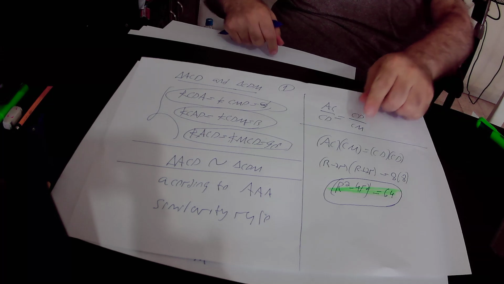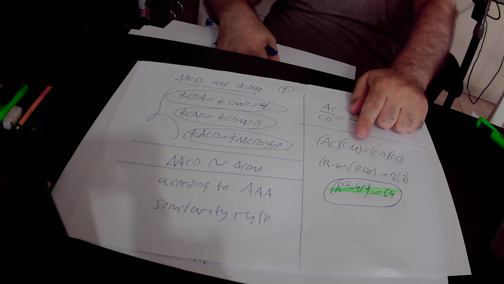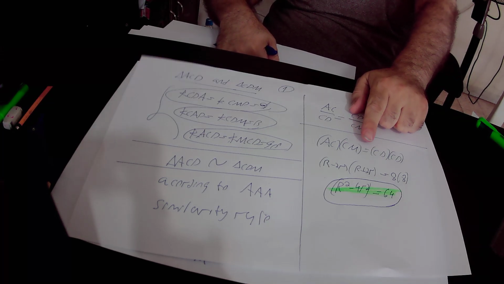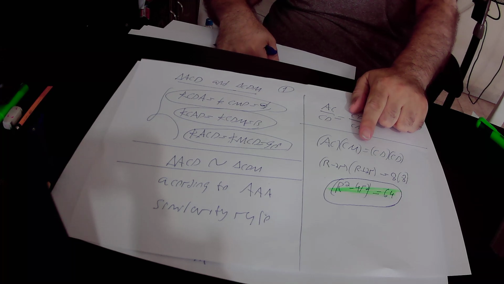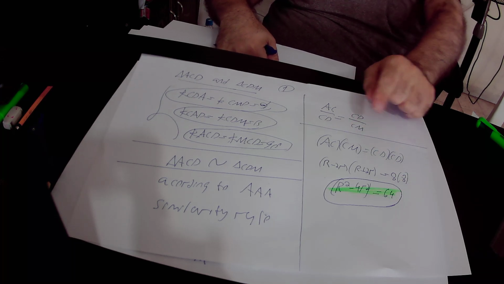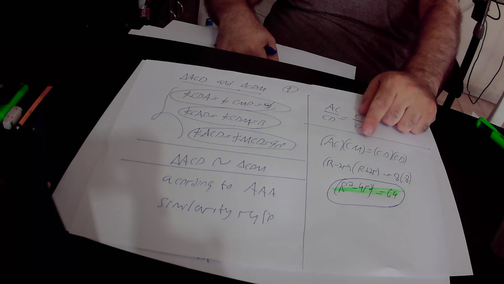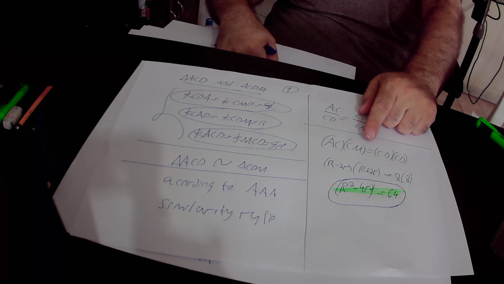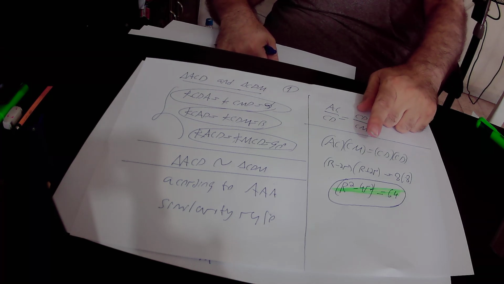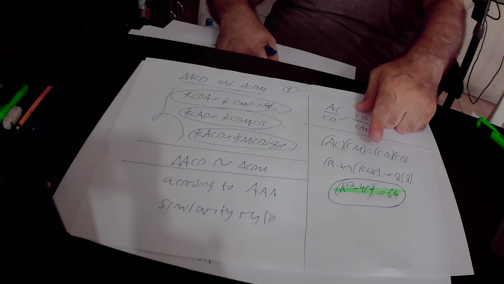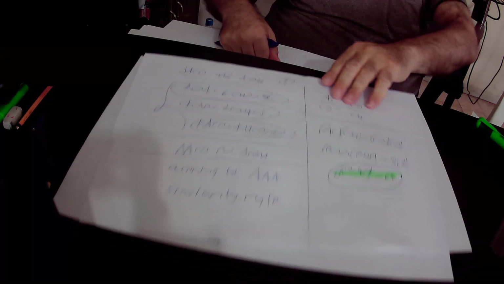So in conclusion, we found out that R minus 2r times R plus 2r equals 8 times 8. 8 times 8 is 64, and R minus 2r times R plus 2r equals R squared minus 4r squared. So in conclusion, we found out that R squared minus 4r squared equals 64.